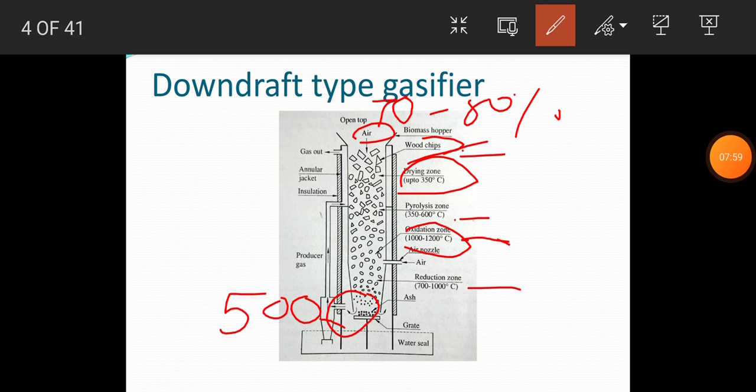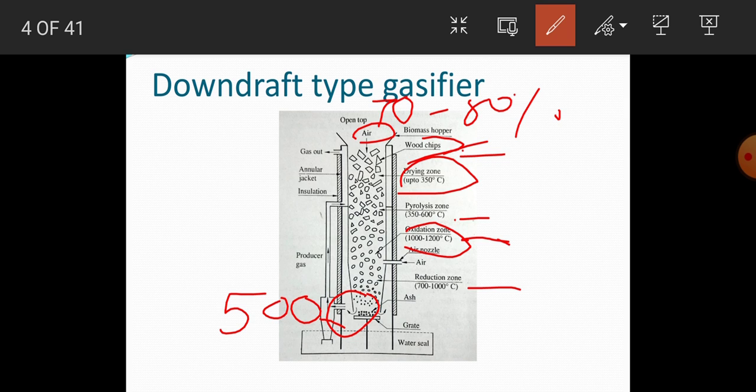The raw hot producer gas flowing out is usually polluted with soot, tar, and vapor. The raw producer gas can be used as such for thermal applications. For purifying, it is passed through coolers. Tar is removed by condensation, whereas soot and ash are removed by centrifugal separation.